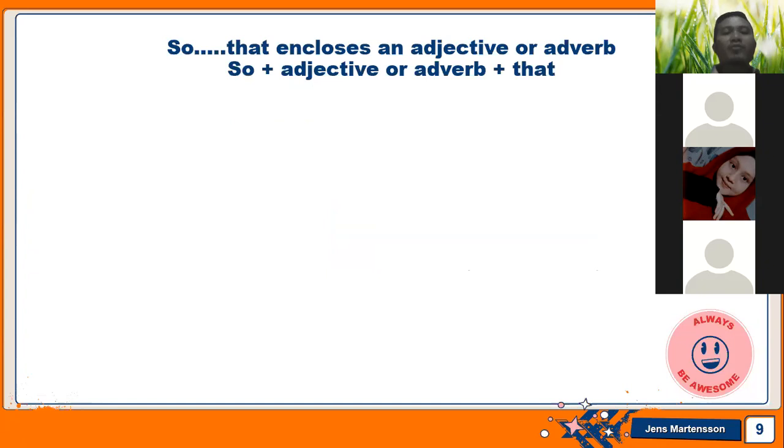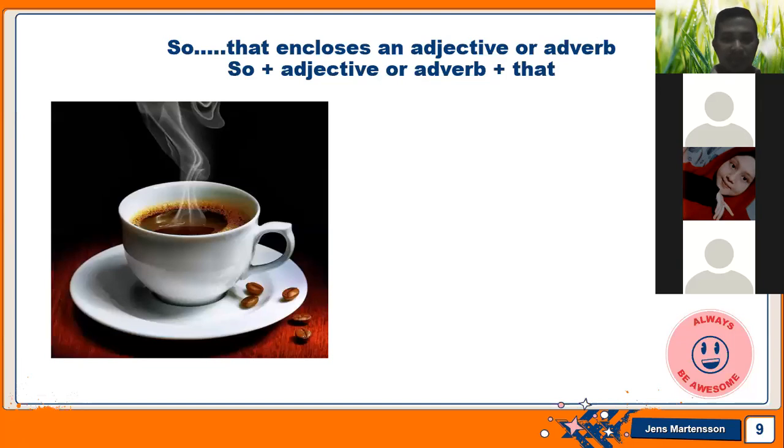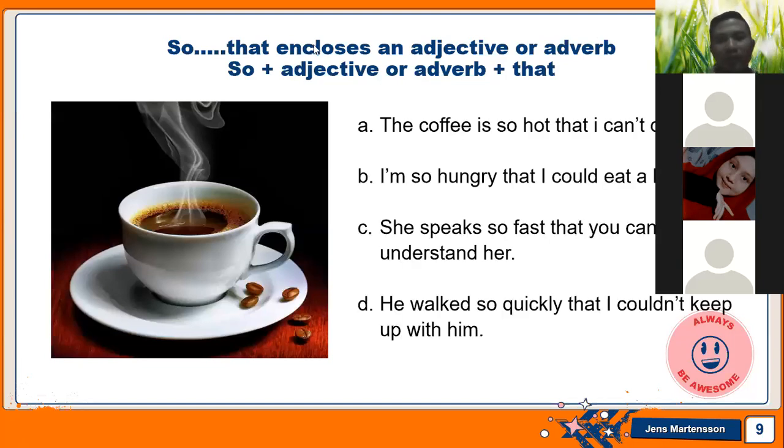Okay, so now how do you show that "so" includes an adjective or adverb? Actually, so can enclose an adjective, also an adverb. Ini so bisa disambung dengan adjective juga, bisa disambung dengan adverb. So adjective or adverb and then plus that. Here is the example: the coffee is so hot that I cannot drink it.